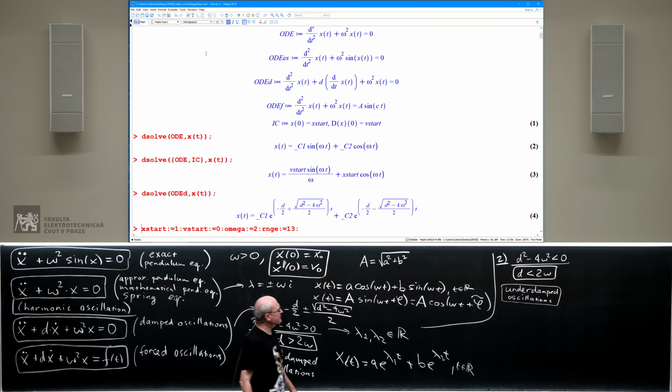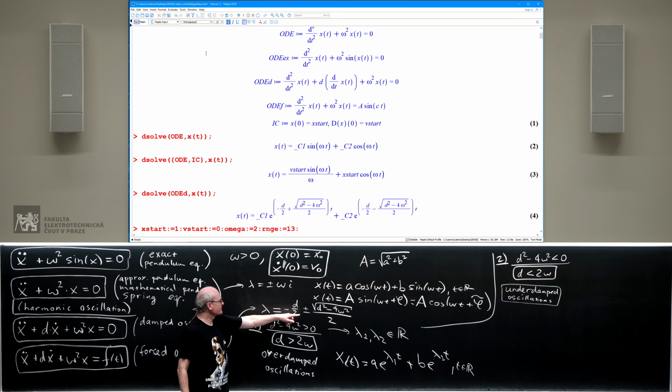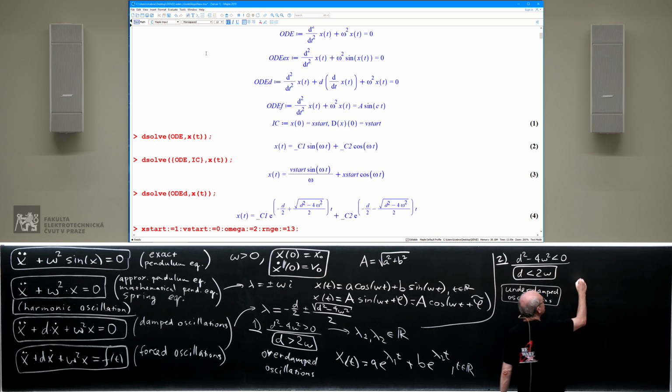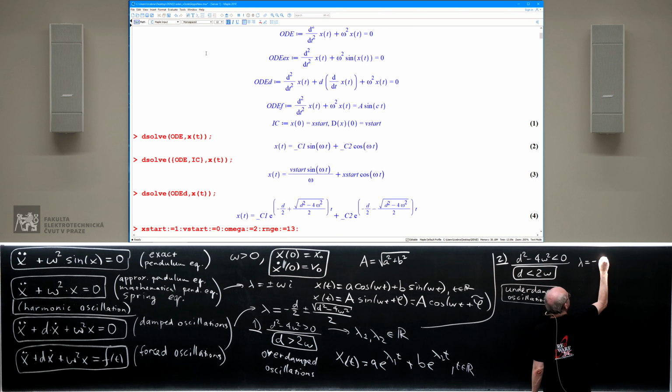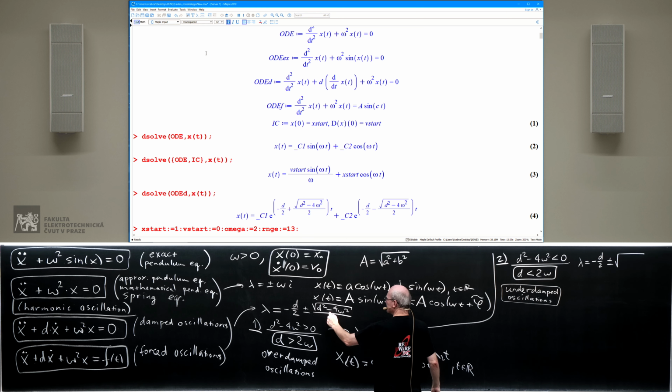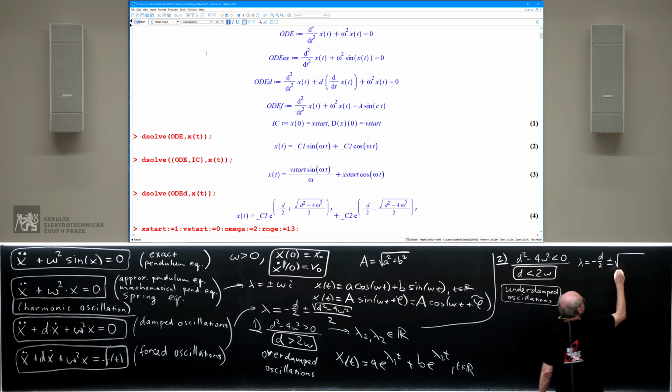And then what typically happens is this. You look at this expression, you play with it a little bit, and you get lambda is equal to negative d over 2 plus or minus square root, and now I take this 2 and move it inside, and I get d squared over 4 minus omega squared.